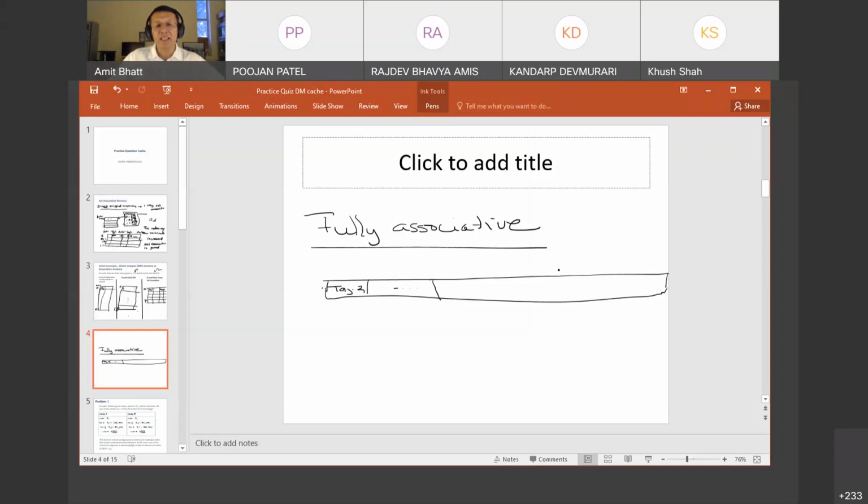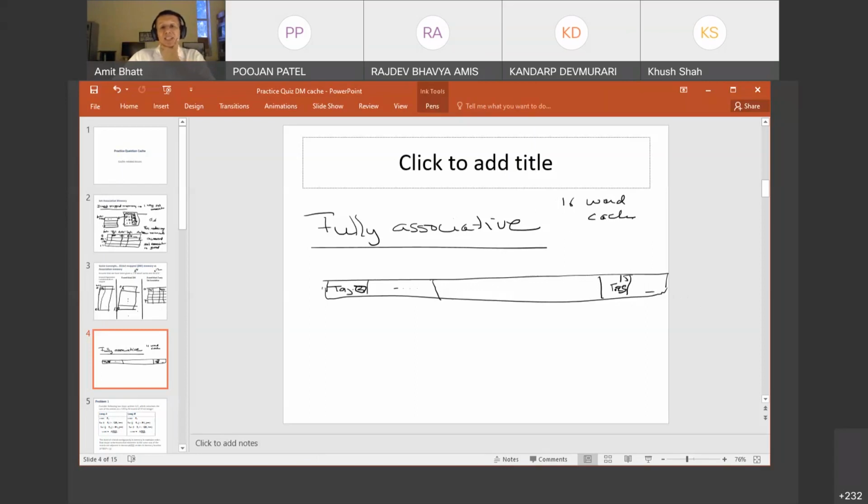So if it is a 16 word fully associative cache, then you've got tag 0, tag 1, tag 2 up to tag 15, right? So fully associative 16 word cache. So tag 0 to tag 15 can all stay in this.